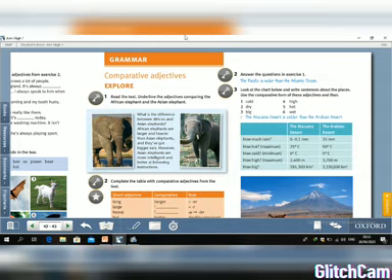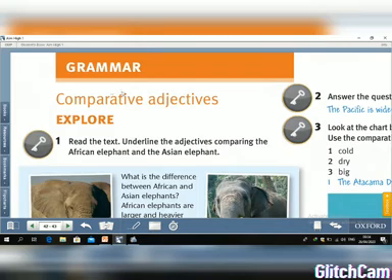Long adjectives have two or more syllables, like comfortable, expensive, wonderful, marvelous, aggressive, bad-tempered. Today we are going to make comparatives and also superlatives. First we will start with comparative adjectives.